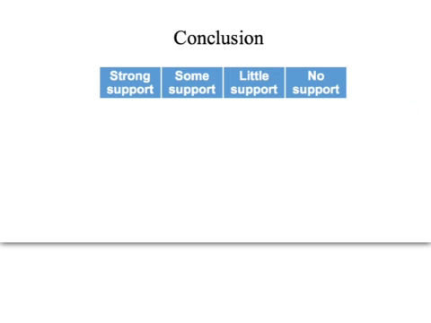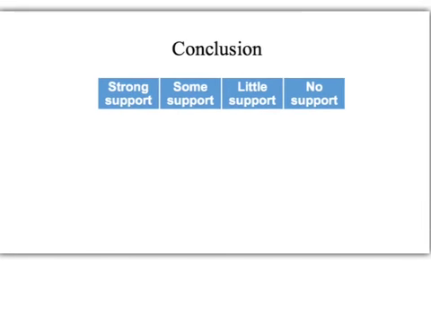When it comes to writing your conclusion, the examiner is not looking for an extended piece of writing. What they are looking for is really a comment on how far or to what extent the sources support or challenge each other. Now, if the sources very strongly support each other, you should use this statement here.